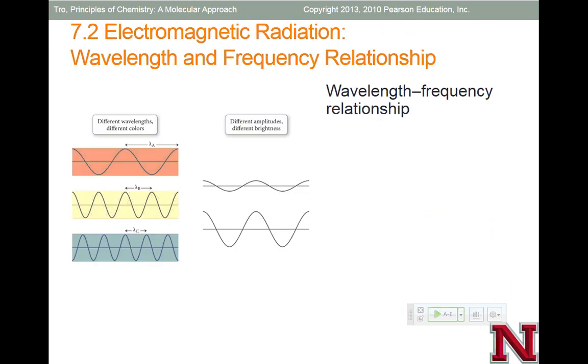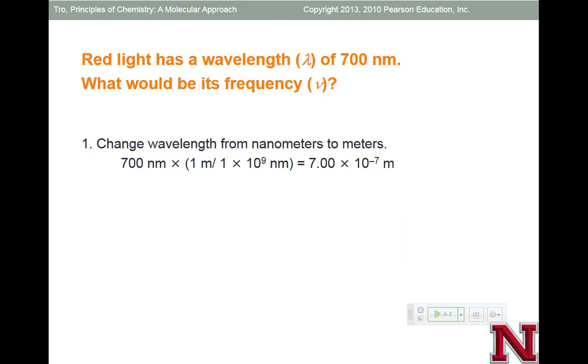So that's going to be our first step. This is given to us in nanometers, so our first step is to convert it to meters. In 1 meter, we have 1 times 10 to the 9 nanometers. So we use that conversion to convert it to meters.